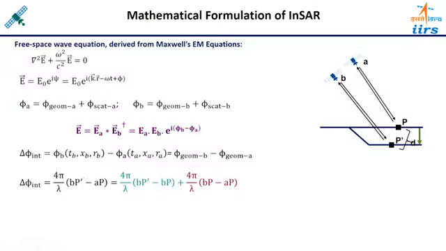Now we are just rearranging this equation. So BP is subtracted, BP is added. So by this way, this equation becomes like this. So here you can say this particular term, green colors, BP prime minus BP.